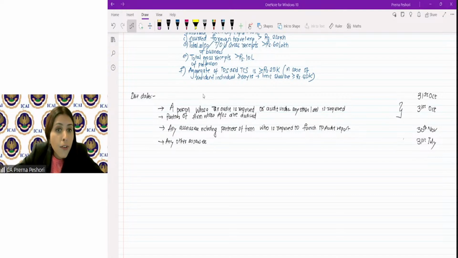So if you do not file your return of income on time, first of all, losses will not be allowed to be carried forward. That is number one. Secondly, yes, Sailesh, you cannot revise the return.